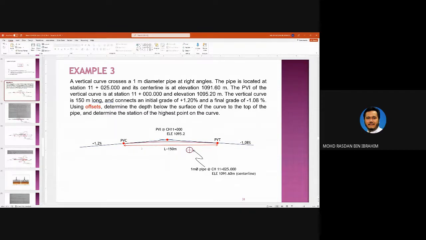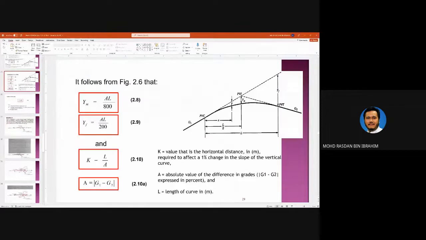The length is 150 meters and connects initial grade positive 1.2 and negative 1.08. So using offsets, the offset values are the formulas given here. It is the offset from the alignment here to this imaginary line of G1. So these are offsets.